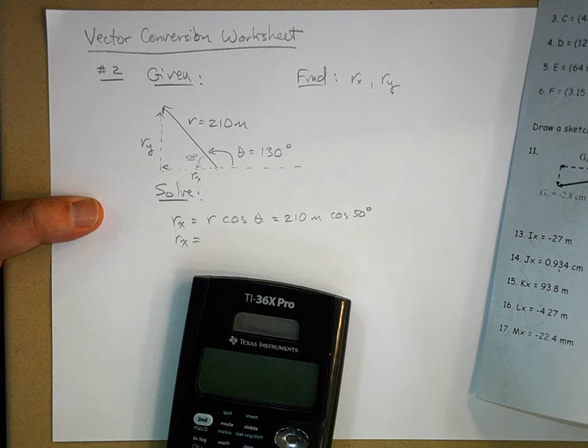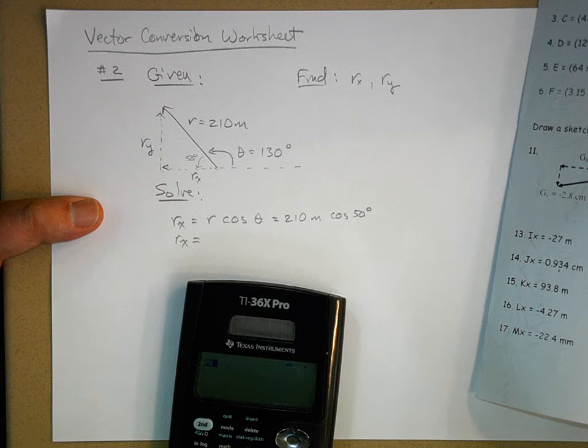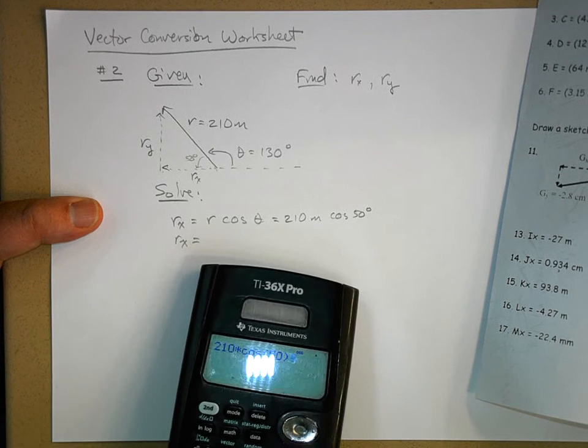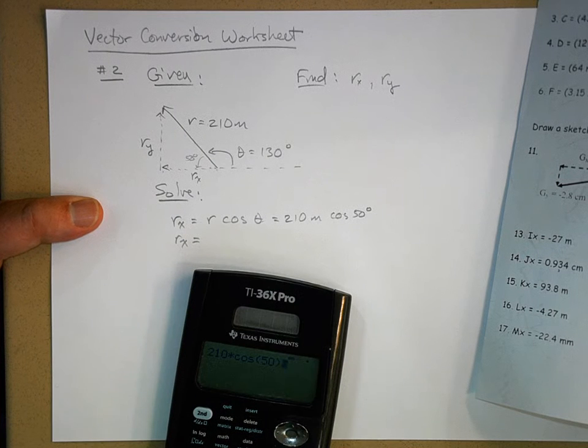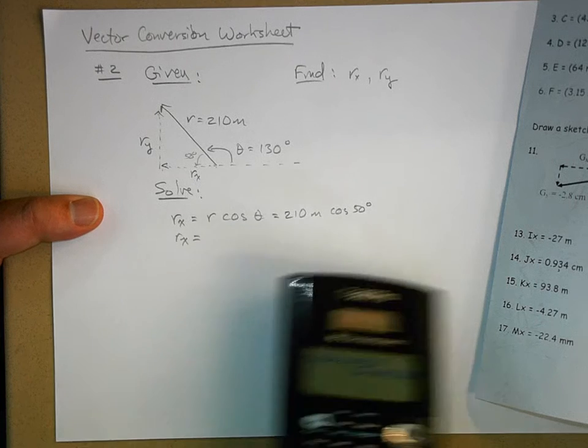Well, the question was, is it plus? And there's the rub, see? Okay, 210 times the cosine of 50 degrees. Enter. Now we get 134.98. We'll just call that 135.